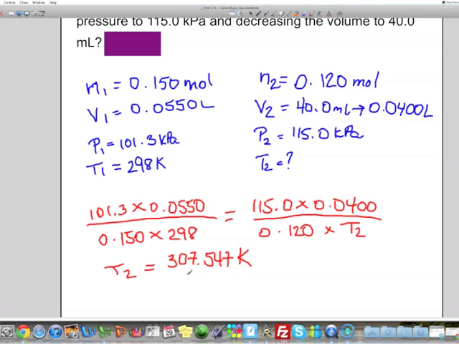So the smallest is 3. So it should be 308 Kelvin. Now they want this in degrees Celsius, so I will minus 273, which gives me 35 degrees Celsius as a final answer. There you go, that's your example number 1.